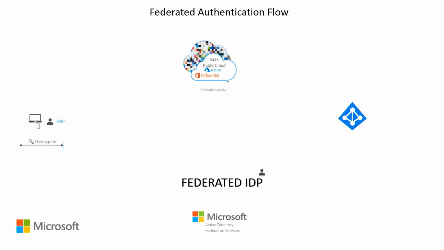You complete authentication with the federated identity provider, go back to Azure AD, complete your authorization, and take a token to access the application. This is a typical federated identity flow. You can see there are multiple hops before the user gets access to the application.